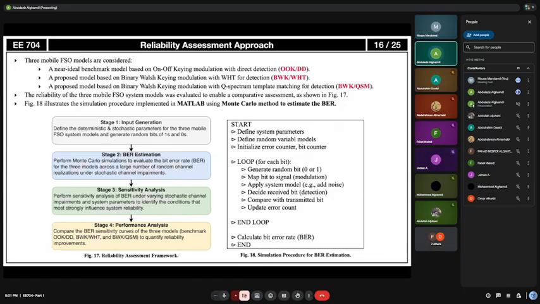Then we map these bits to a signal. So this is the modulation, and then we apply the system model. We add the noise and other variables. Then we decide the received bit if it is 1 or 0. So here it is the detection. And then we compare the received bit with the bit that was actually transmitted to calculate the bit error rate.